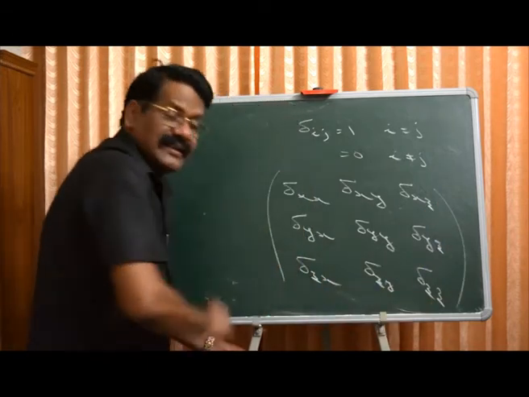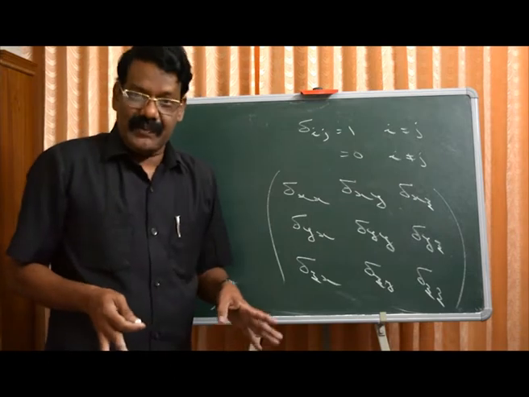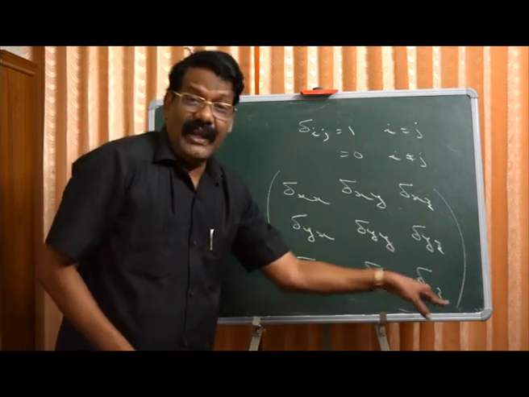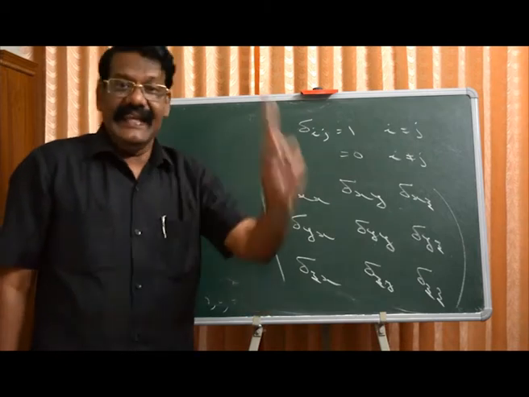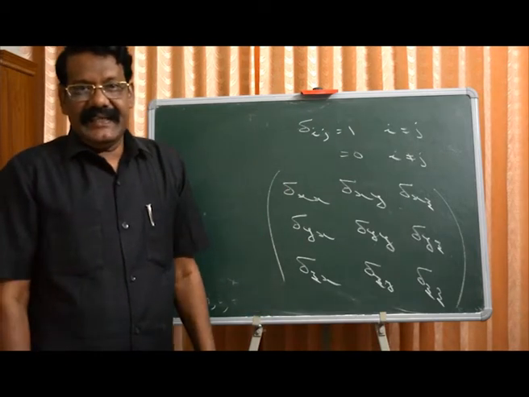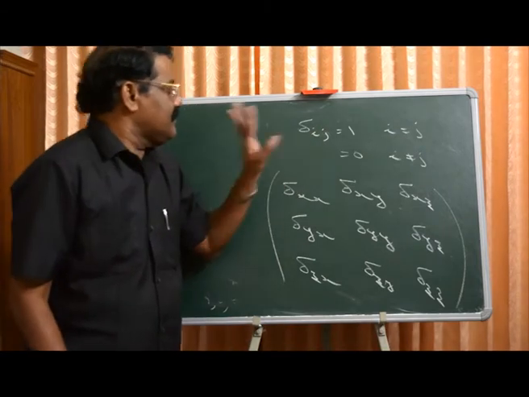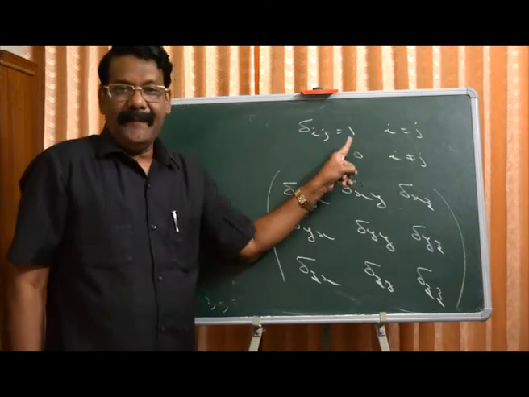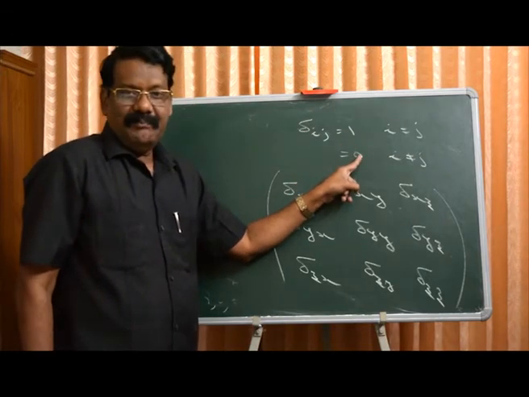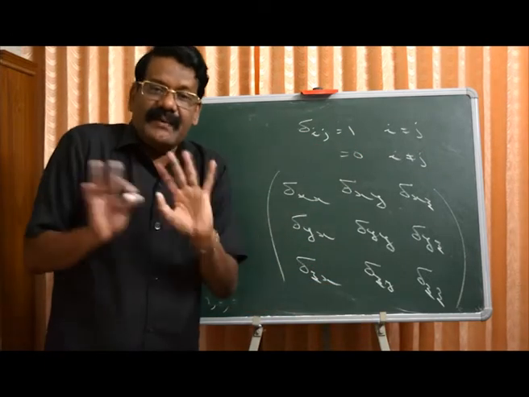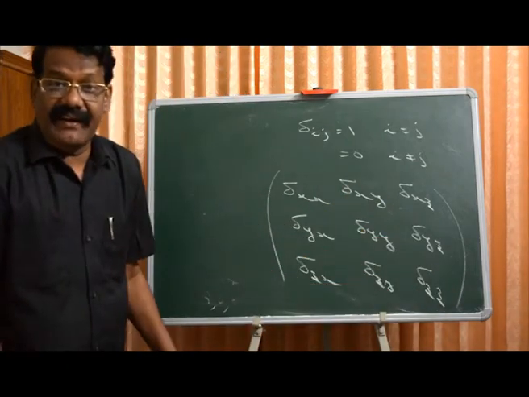So, collecting all the delta ij's from three-dimensional space, collectively we have 9 components. So it turns out to be a tensor. Delta ij by itself is a single entity, either 1 or 0. But if you are collecting all the delta ij's from a three-dimensional space, it is a multi-component entity called a tensor.